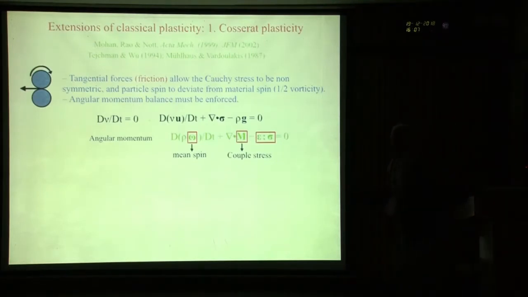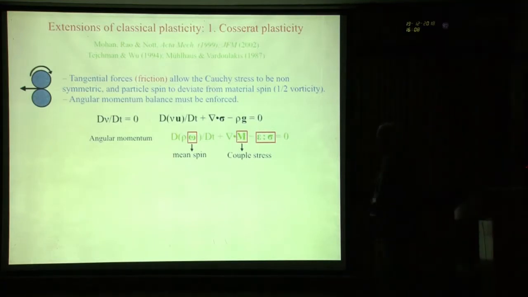So now there are some extensions of classical plasticity. I'm going to very quickly walk you through these two extensions. One is Cosserat plasticity, which I dabbled in with my colleague Cosserat about 10 years ago or a little more, and that has to do with enforcing the angular momentum balance, which is normally taken to be implicitly enforced if the stress tensor is symmetric and there are no couple stresses acting in your system, no torques acting on your particles.